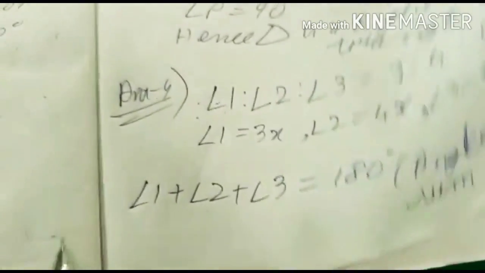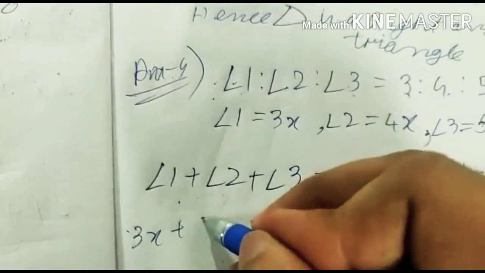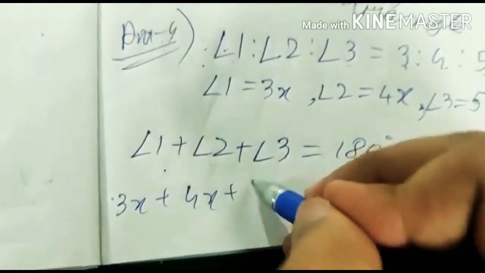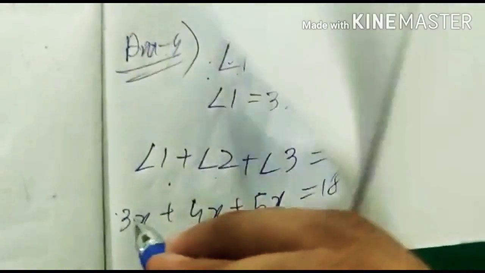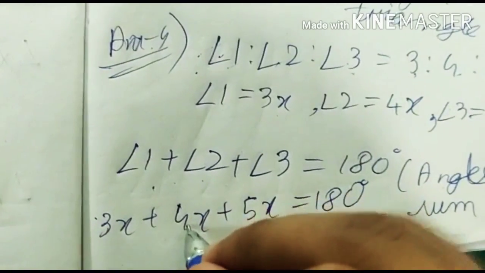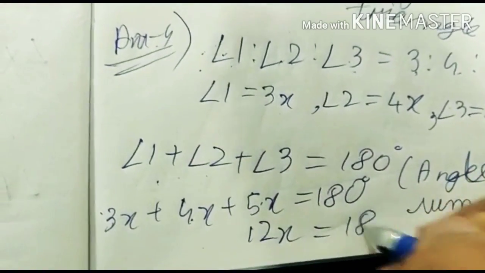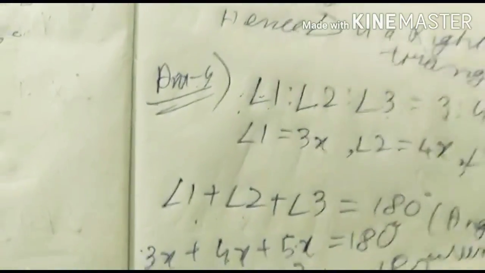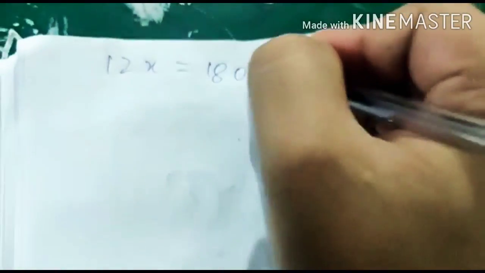Here angle 1 is 3x, angle 2 is 4x, angle 3 is 5x, equal to 180 degrees. So 3x plus 4x is 7x, 7x plus 5x is 12x equals 180 degrees.